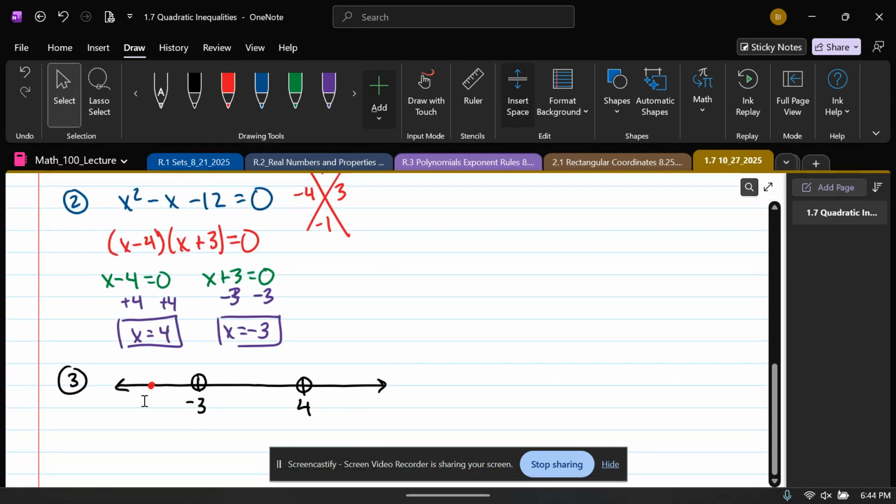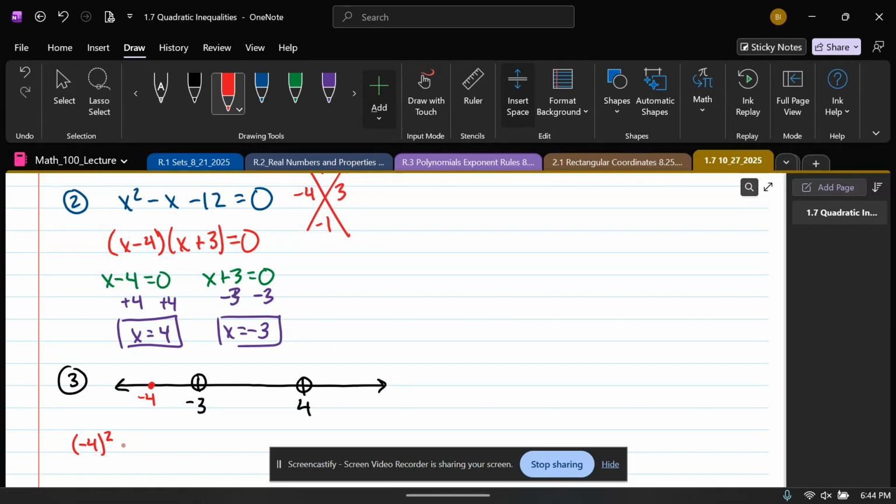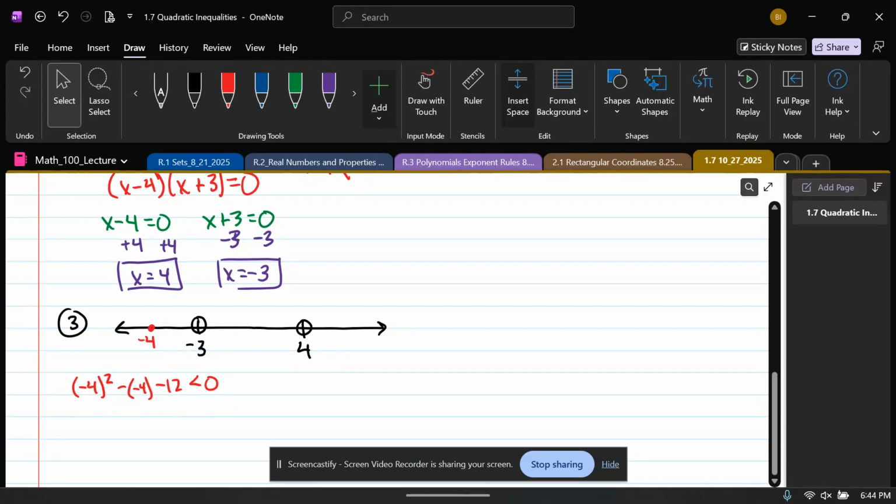So this number is negative 4. I'm going to plug that into the inequality. So negative 4 squared minus negative 4 minus 12 is less than 0. I'm going to check that and decide if it's true or false in that zone.